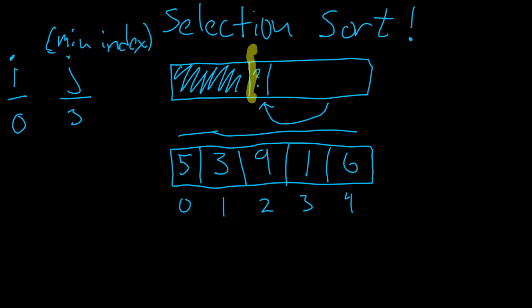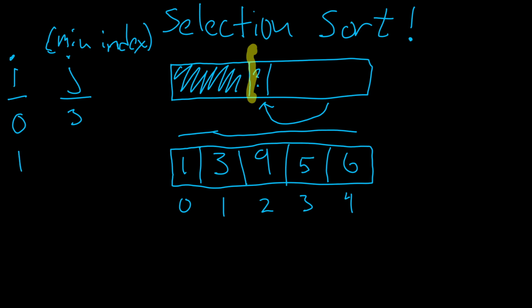It's not a good day for my penmanship, apparently. Since 1 is the smallest value, it's at index 3. That's why I'm setting j to 3. So we're just going to swap these values. I'm going to put 1 here, 5 here. And that's the end of that loop.